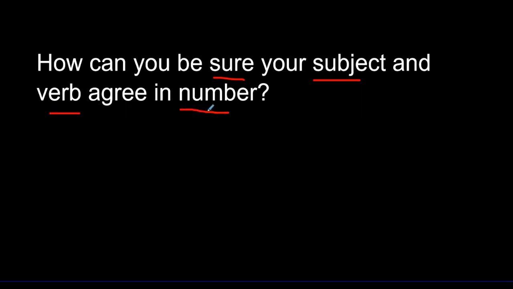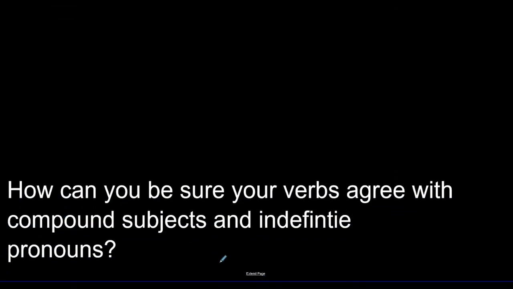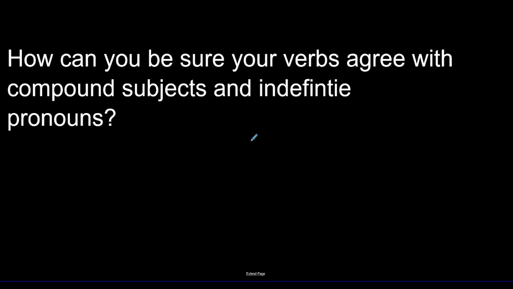In this lesson, we're going to focus particularly on how we can agree the verb with a compound subject. In the next video, we're going to focus on how we can agree the verb with an indefinite pronoun.